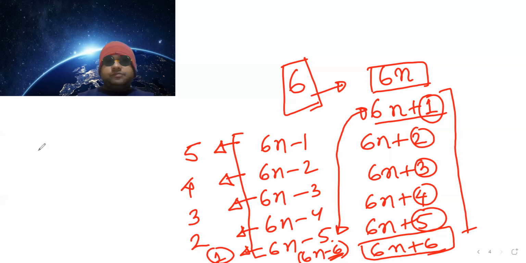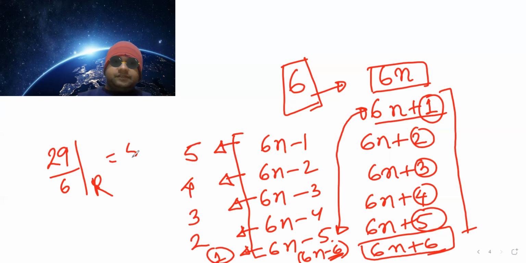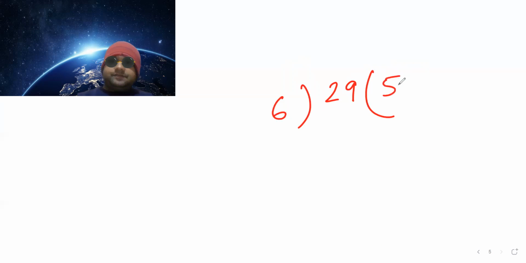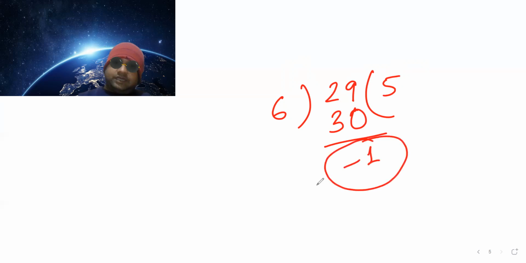Let me explain it by an example. There is a number 29. You divide it by 6, and the remainder will be 5. Now the same number 29, with 6 as the divisor: 6 times 5 is 30. In that case, the remainder is -1.